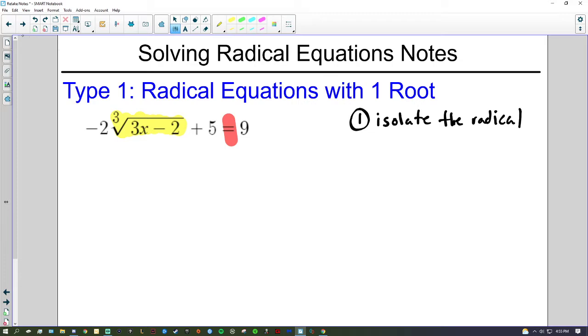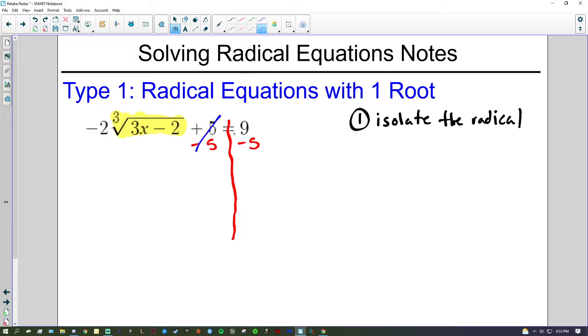So I'm going to draw a line down my equal sign once I switch over to my pen. So squiggly down the equal sign. Let's go. So here we have negative 2 times the third root of 3x minus 2 plus 5. Now we want to get rid of this plus 5 first before we deal with this multiplication. So in order to get rid of a plus 5, I'm going to subtract 5 on both sides, because remember, I'm getting my root all by itself.